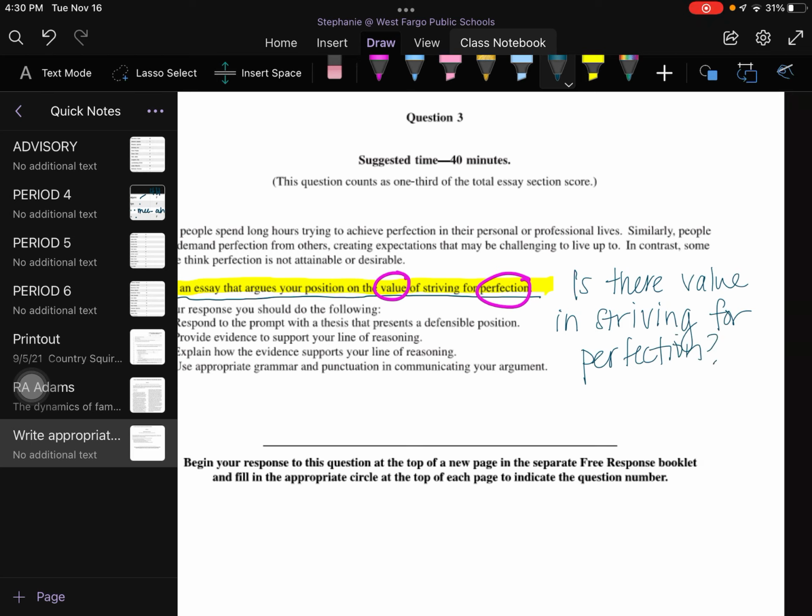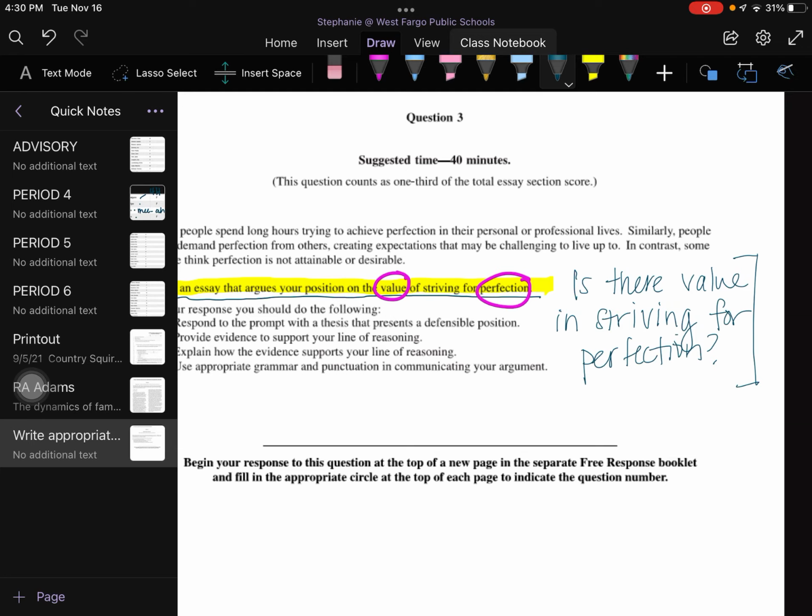I like to rewrite it as a core question because then I know constantly what I should be answering in my paper and I know what answer I need to provide by the end of my essay. So this is one way of narrowing your task, but rephrasing it as a question can be helpful.